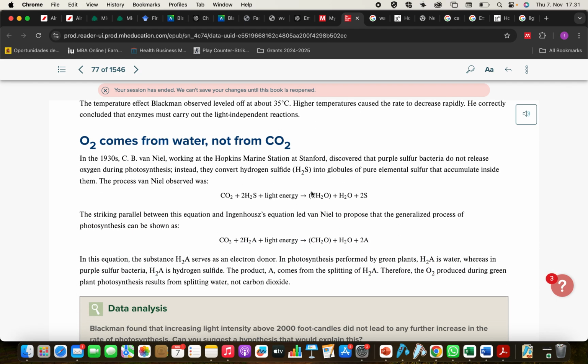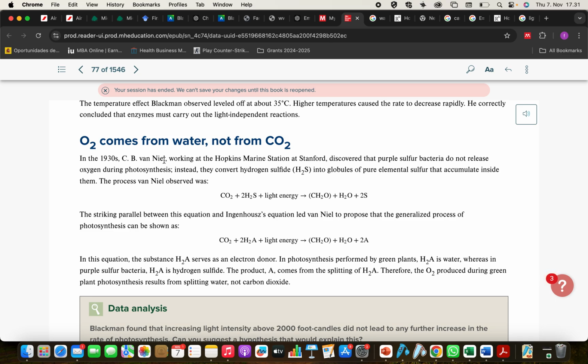And by that time, we always used to think that photosynthesis only occurs through the oxygenic way, meaning that you have water and that water is being split and oxygen gas is released. It was only later on in Stanford, in the Hopkins Marine Station, that C.B. Van Niel started to see that certain sulfur bacteria do not release oxygen.